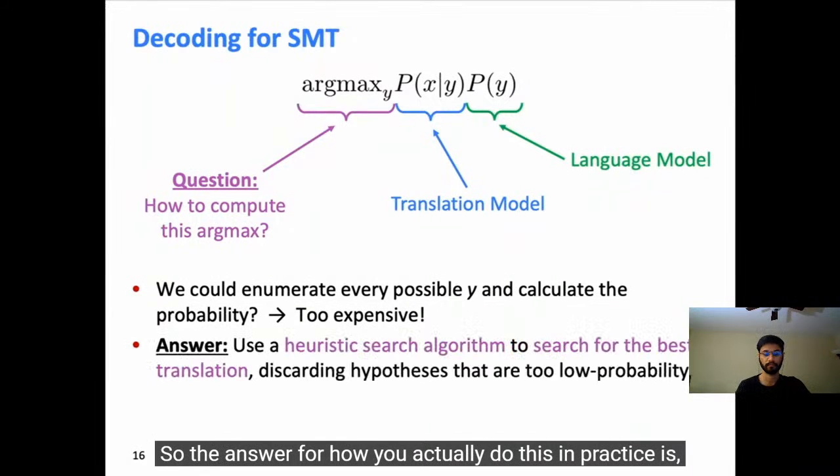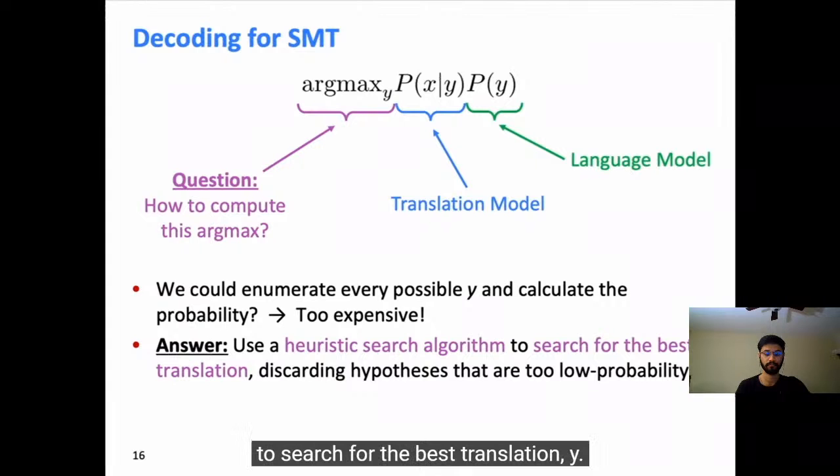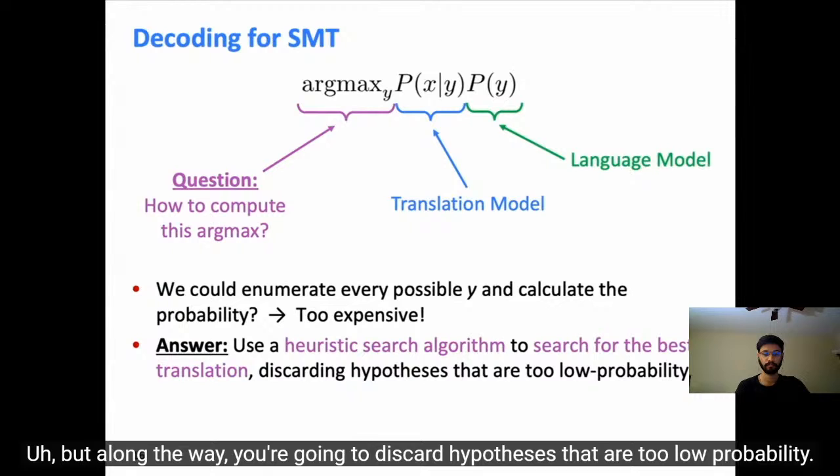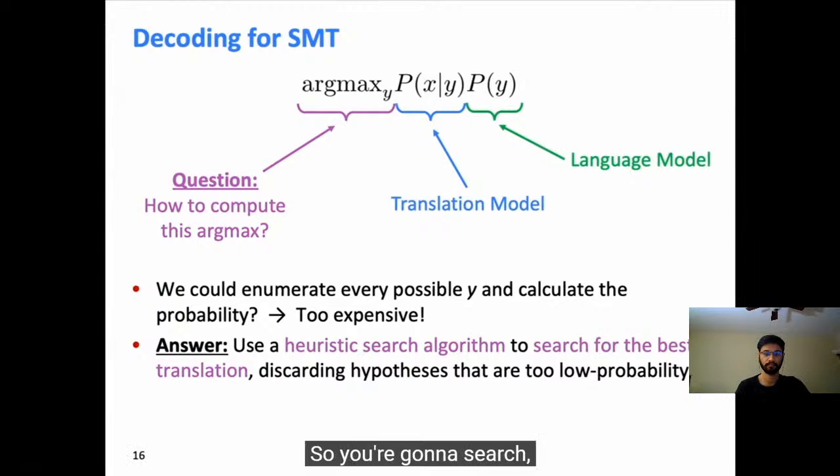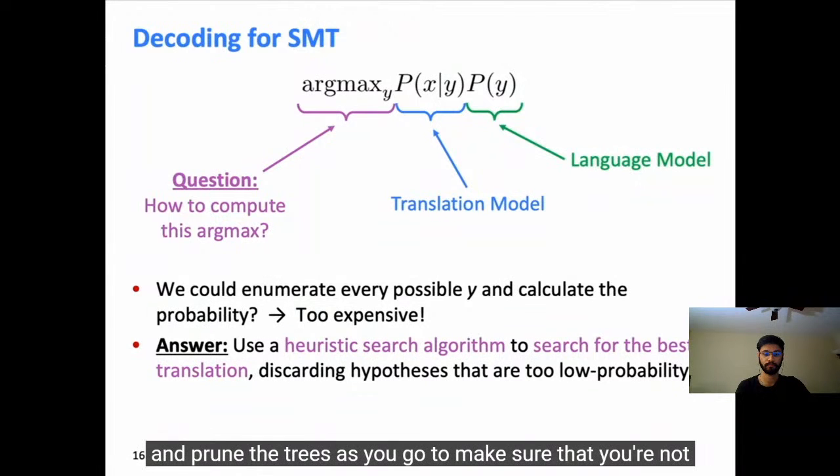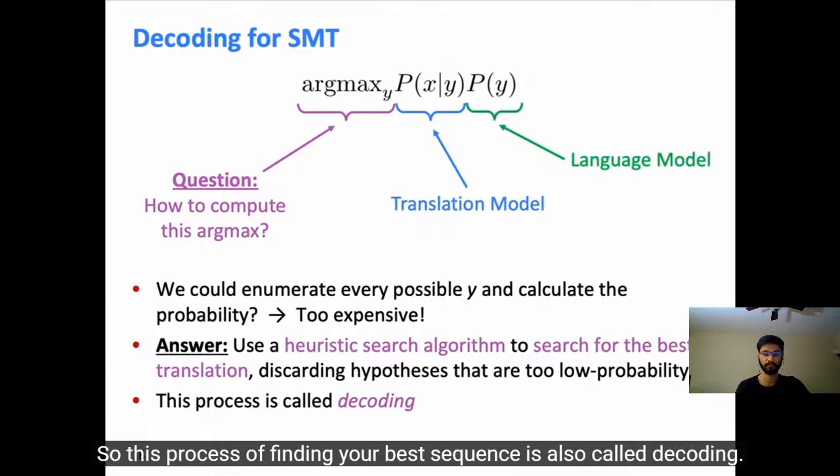So the answer for how you actually do this in practice is you're going to use some kind of heuristic search algorithm to search for the best translation y, but along the way you're going to discard hypotheses that are too low probability. So you're going to search, but you're going to discard and prune the tree as you go to make sure that you're not keeping too many hypotheses on each step. So this process of finding your best sequence is also called decoding.